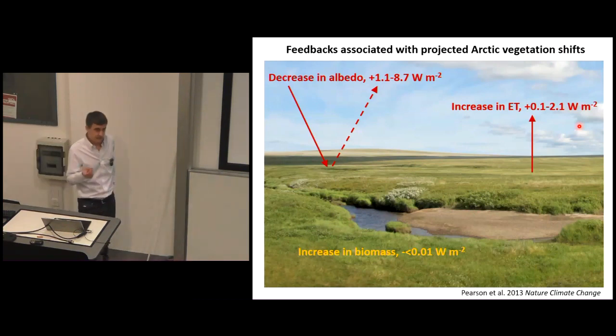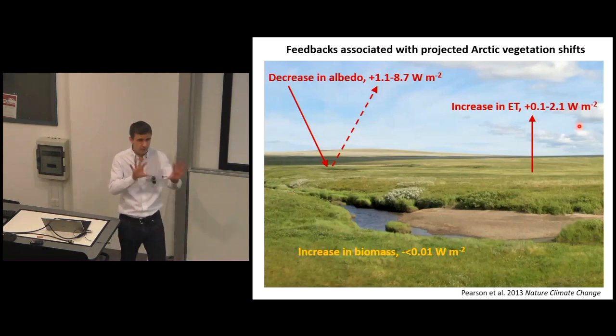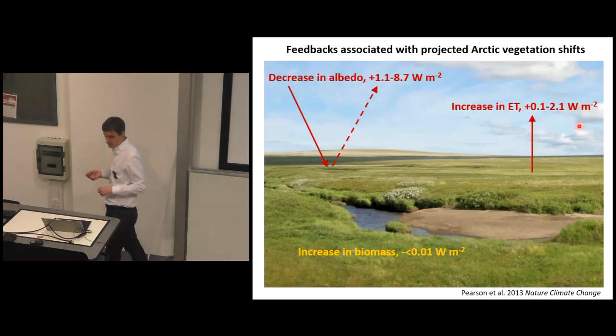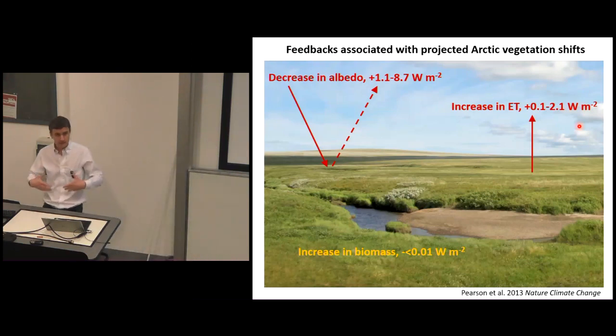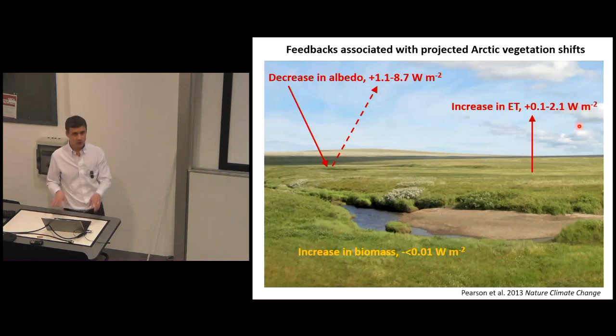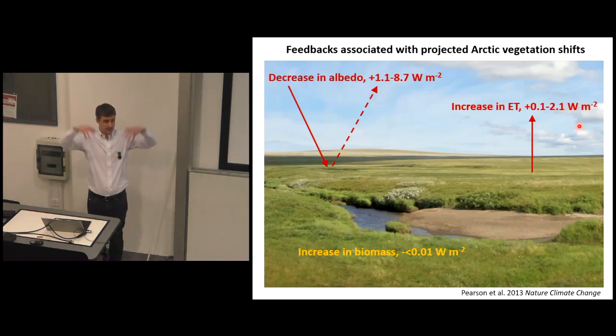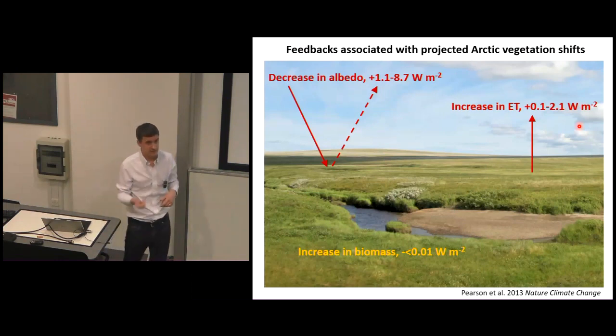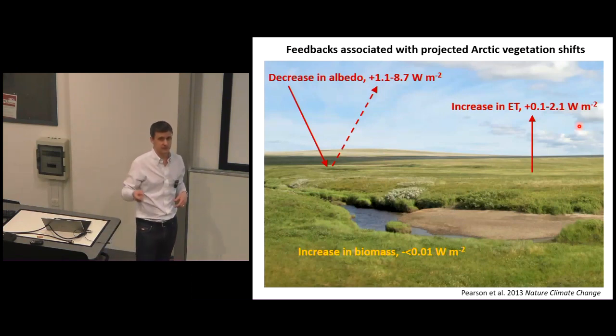The other key feedback that had been talked about in the literature, but no one really knew what was the dominant feedback here, is to do with biomass. So of course, again, warming means more shrubs, which means more carbon is stored in the biosphere, which is pulling carbon out of the atmosphere into the biosphere. Less carbon in the atmosphere means less warming, so a negative feedback.